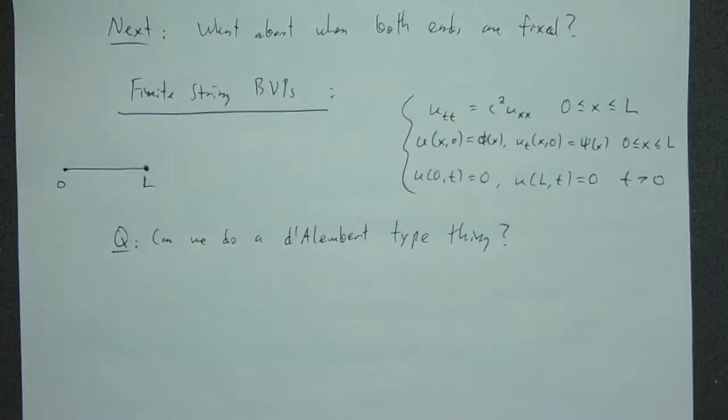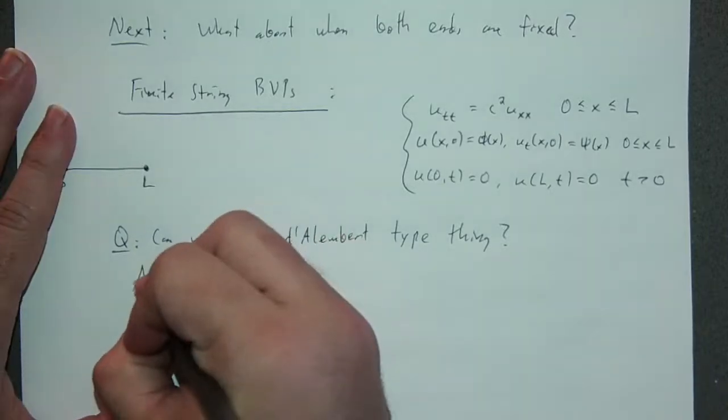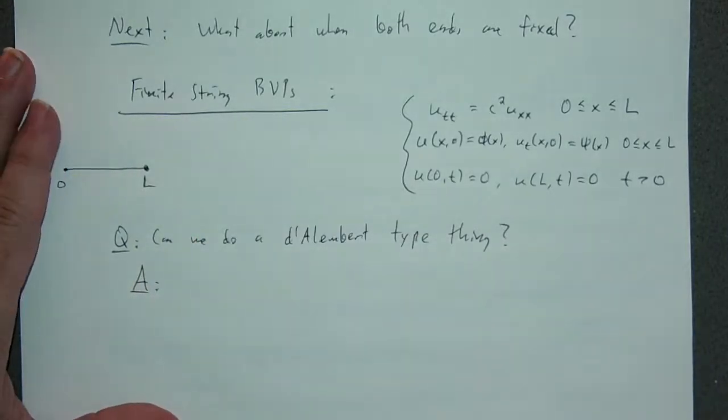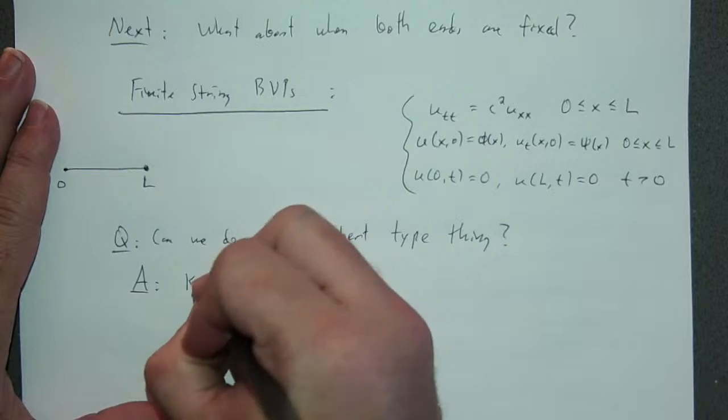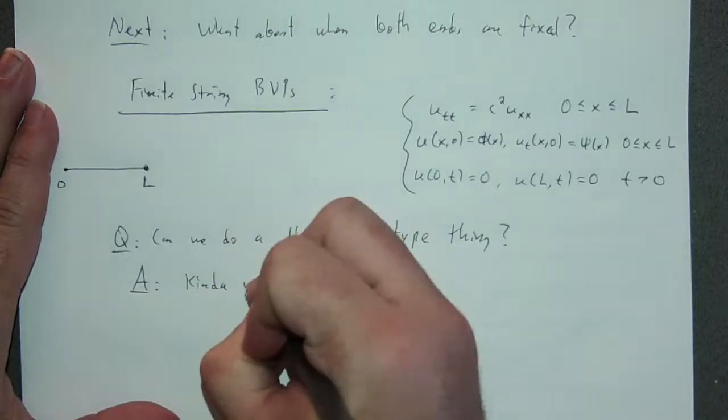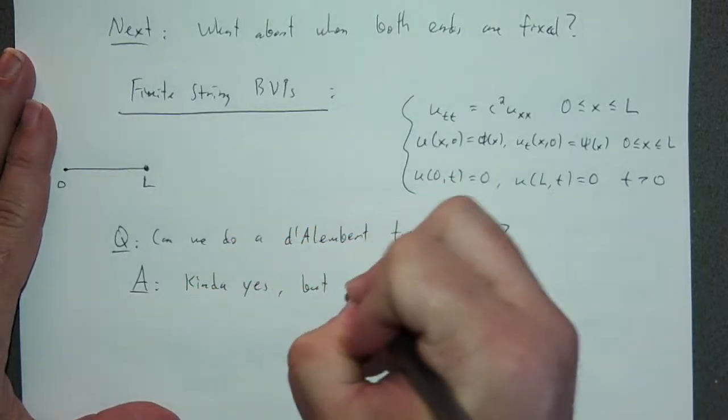That is, can we use the same methods we've been doing this whole time to write down a formula for a solution function that gives us the displacement in this situation? The answer is kinda yes, but also no.